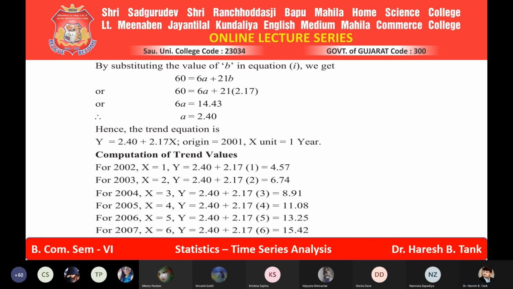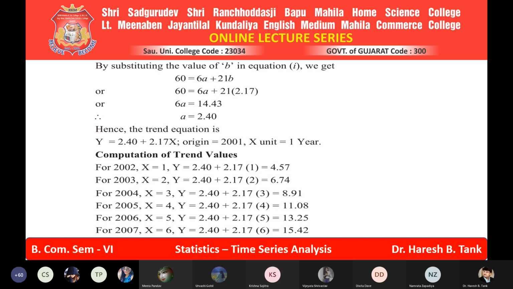Okay. 2.17 multiplied by 1 is 2.17. 2.40 plus 2.17 comes to 4.57. All of you are getting this 4.57? Yes, sir. That becomes the trend value for 2002. So insert one more column in that table against 2002.